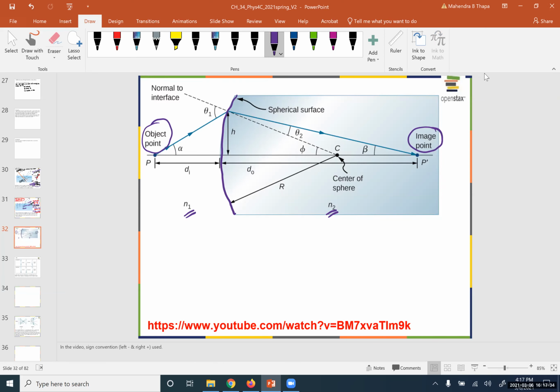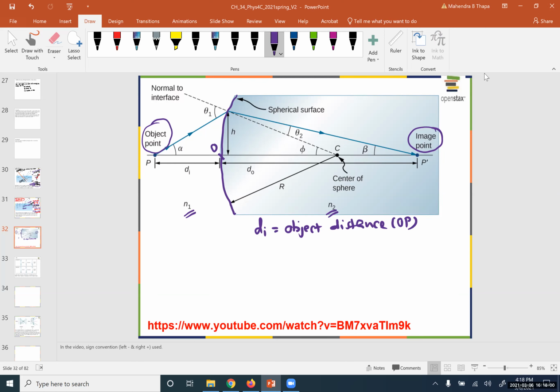So clearly, this distance is, we call it Do, the object distance. In this picture, if we measure from this point O, this distance is basically OP.